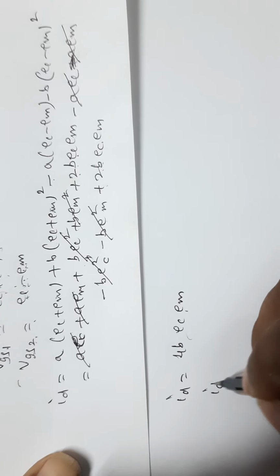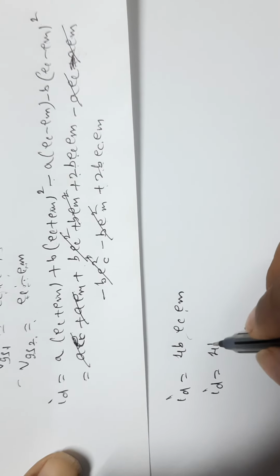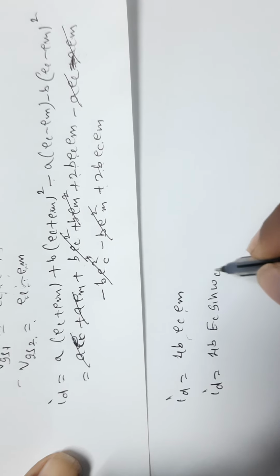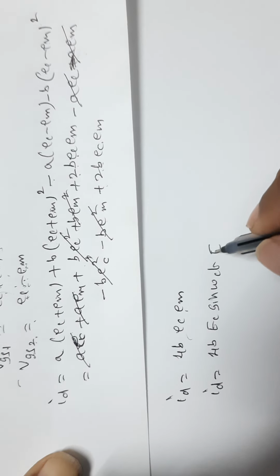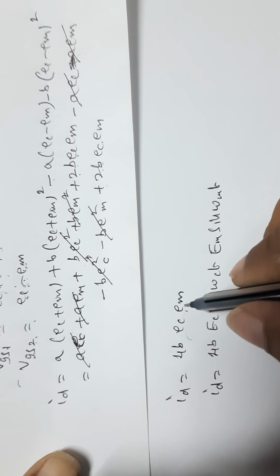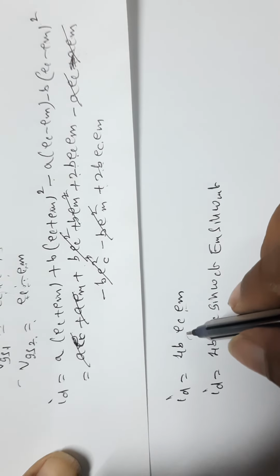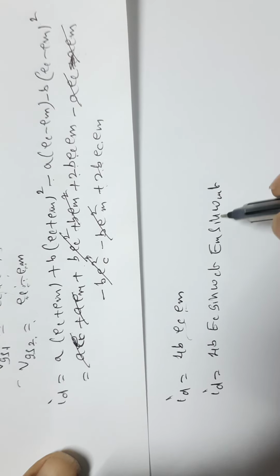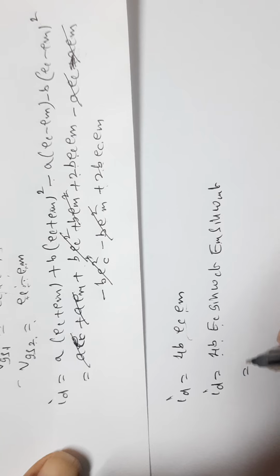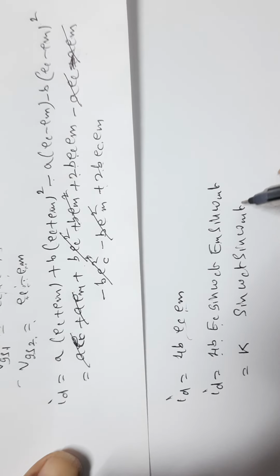Drain current ID is equal to 4B, where EC is EC sin omega CT, the carrier voltage, and EM is EM sin omega MT, the modulating voltage. 4B EC EM are constants. I will take it as K. So you have K into sin omega CT into sin omega MT.